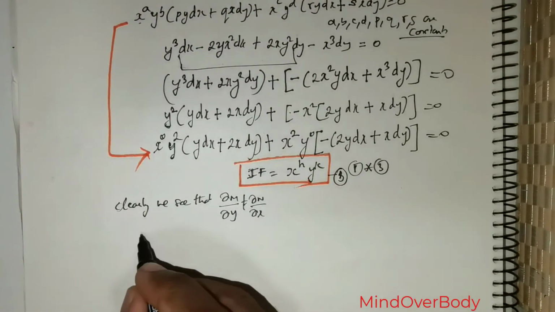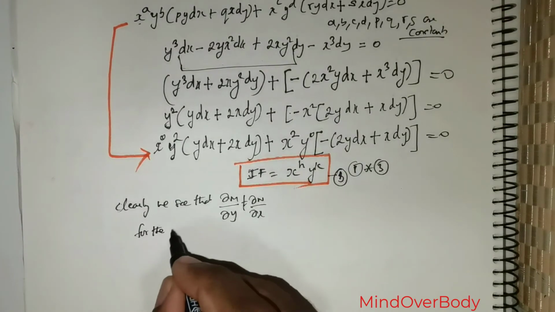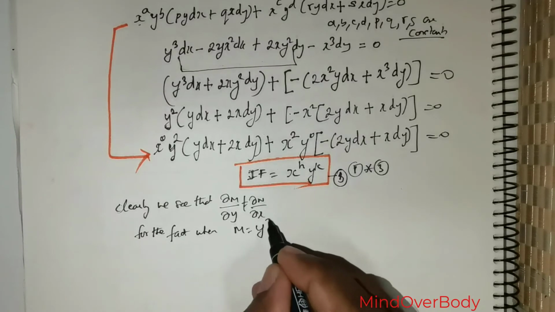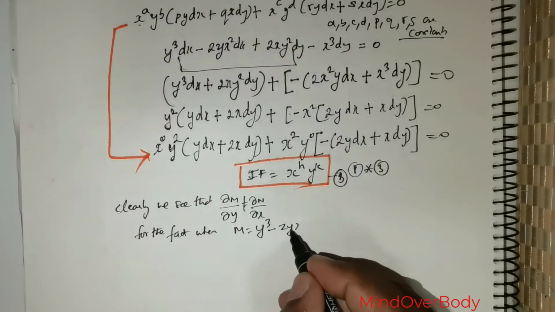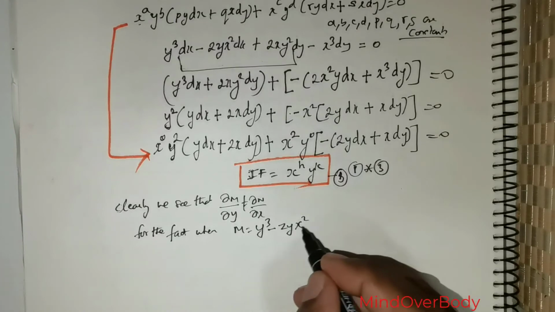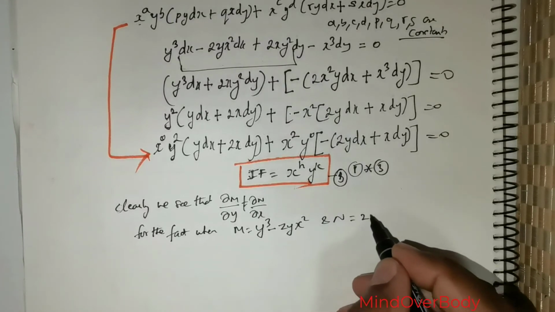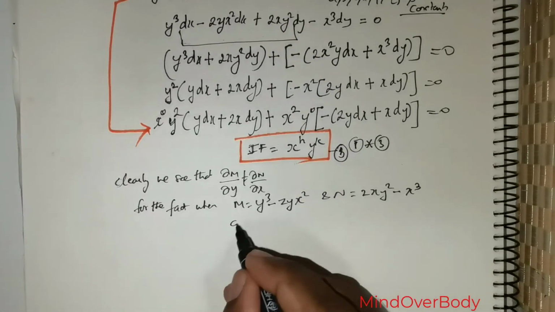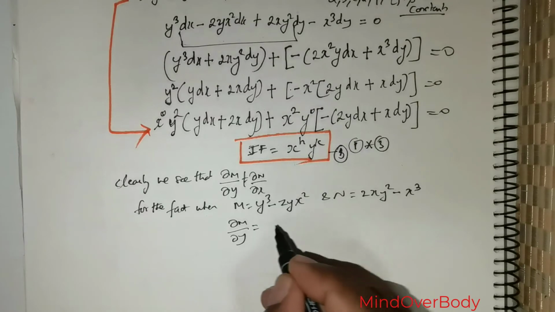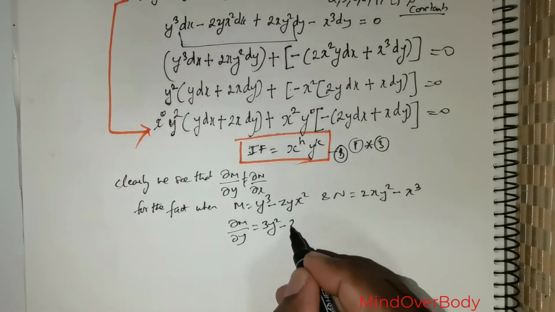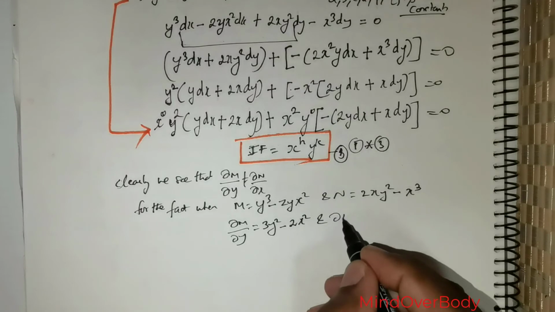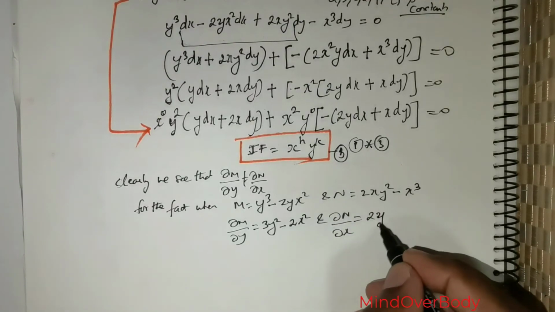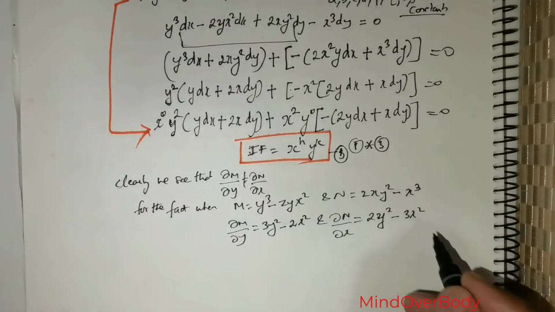Okay, for the fact that when M is equal to y cubed minus 2yx squared and N is equal to 2xy squared minus x cubed, ∂M/∂y is equal to 3 times y squared minus 2 times x squared, and ∂N/∂x is equal to 2 times y squared minus 3 times x squared.